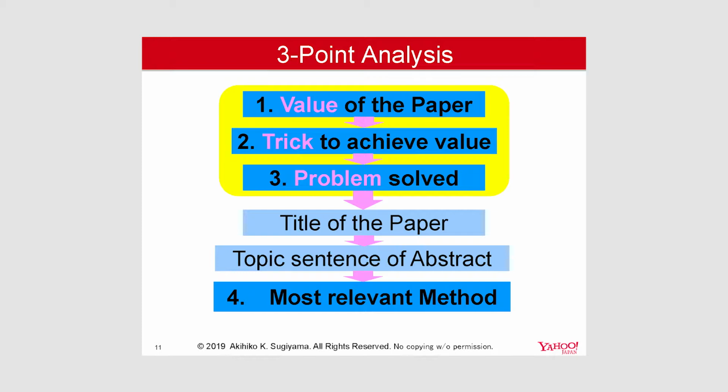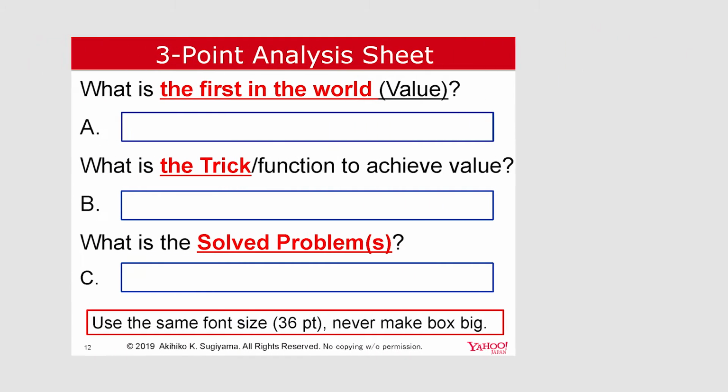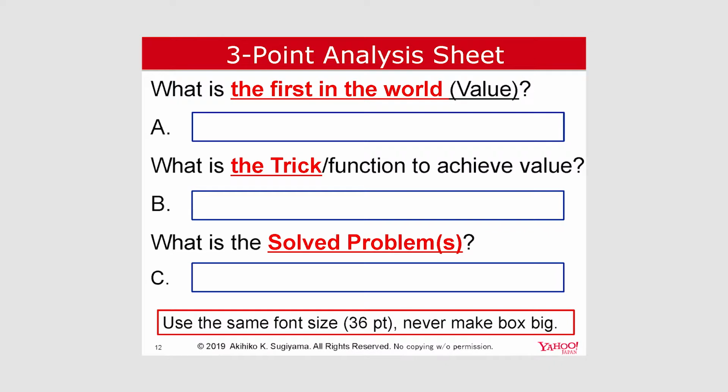This is actually the most important sentence in your paper, because reviewers and readers, everybody reads it first. Okay? And you can again clarify what is the most relevant method, what is the state of the art for your research.